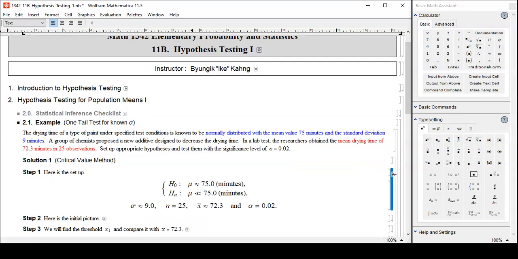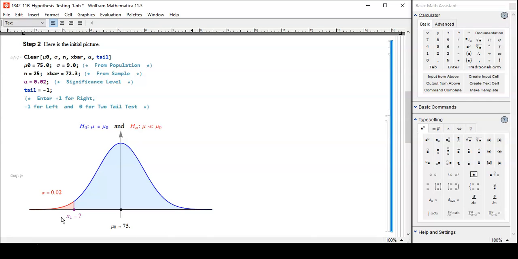Here's the setup. Yes, we went through that. And then here's a picture associated to the critical value method. Outline and the center, which is the null, and then the end is the critical value. This x value is the one you want. And then there's 2% of chance that goes the other way, consequently 98% of chance in blue region.